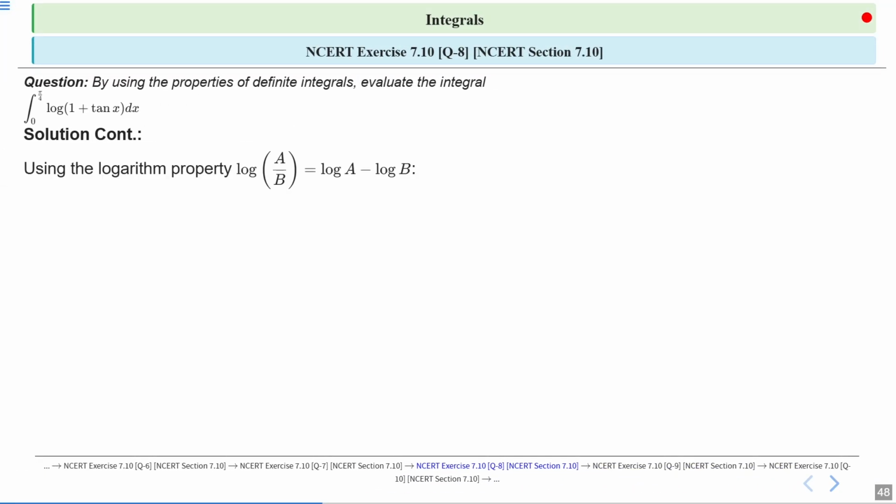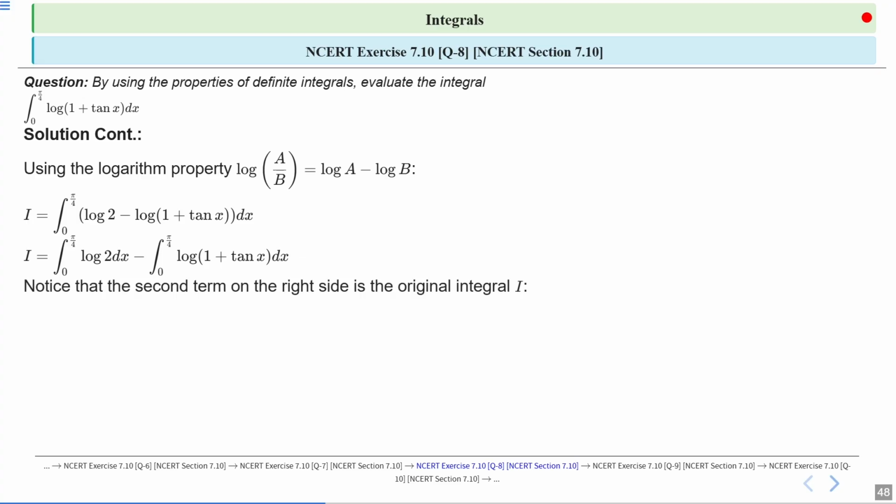Now we apply the logarithmic property, that is log(a/b) is equal to log a minus log b. So log(2/(1 + tan x)) becomes log 2 minus log(1 + tan x). Distributing the integral sign, we get the integral from 0 to π/4 of log 2 dx minus the integral from 0 to π/4 of log(1 + tan x) dx.